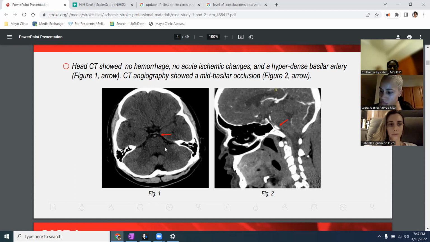And sometimes you'll see that in acute stroke, and it can be pathognomonic for MCA occlusion. But sometimes it can just be bright because the patient is old and all their blood vessels are calcified.